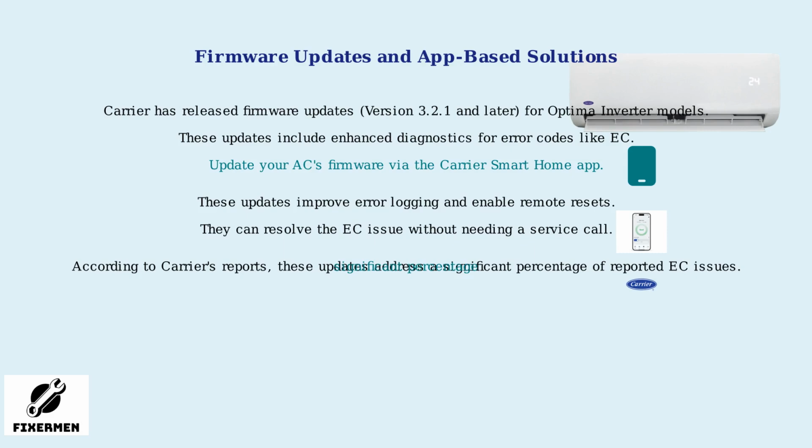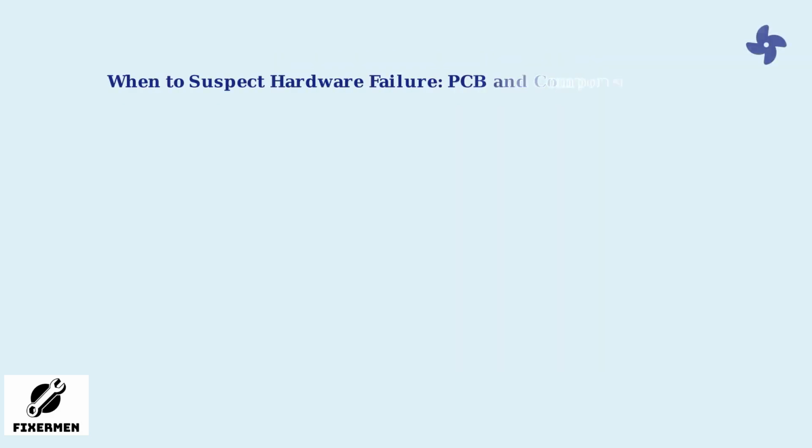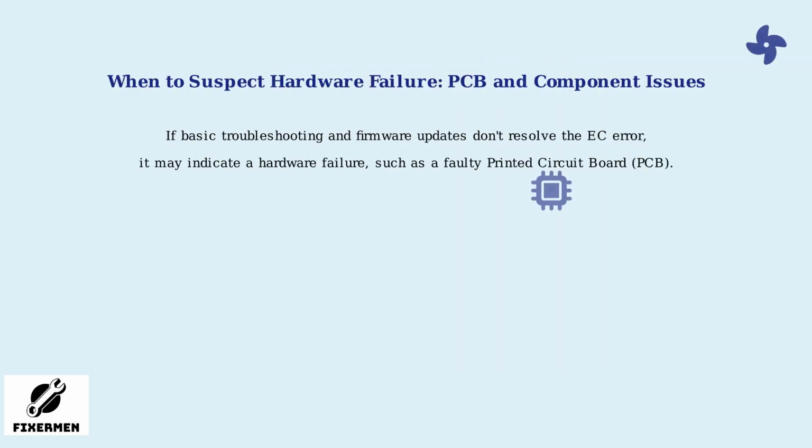If basic troubleshooting and firmware updates don't resolve the EC error, it may indicate a hardware failure, such as a faulty printed circuit board, PCB. The PCB controls all electronic functions in the air conditioner, and damage can prevent proper communication between components.